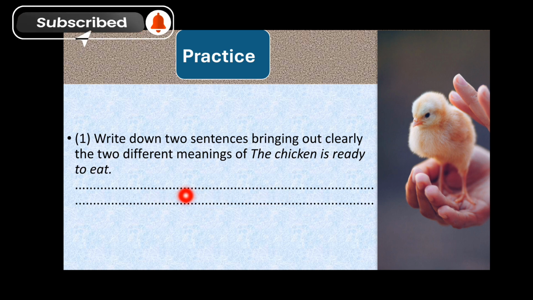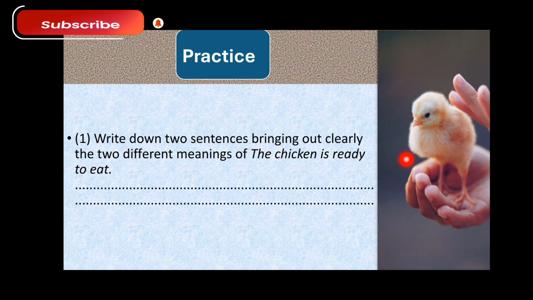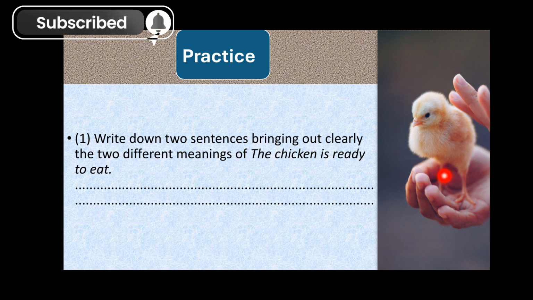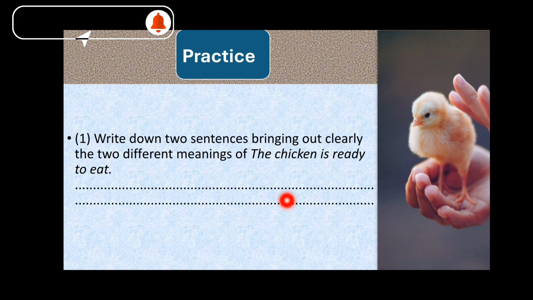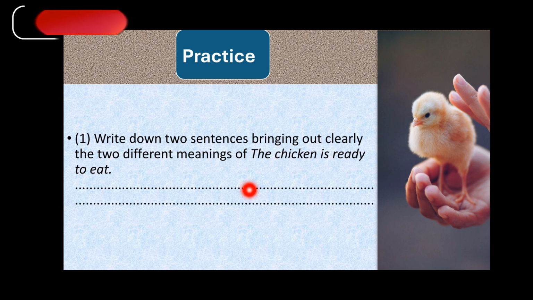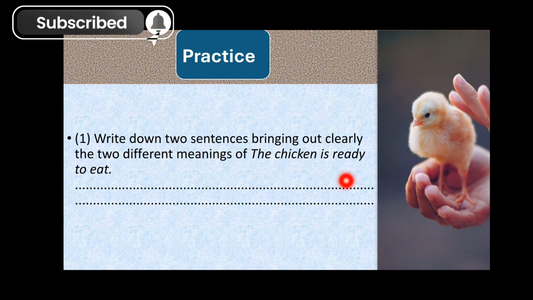So one of the senses of the chicken is ready to eat will be that there is a chicken in front of you, a chick you can see here, and this chicken is ready to eat. And the second, that the chicken is cooked and it is on the table and you are ready to eat that chicken. So the chicken is ready to eat has got 2 senses.